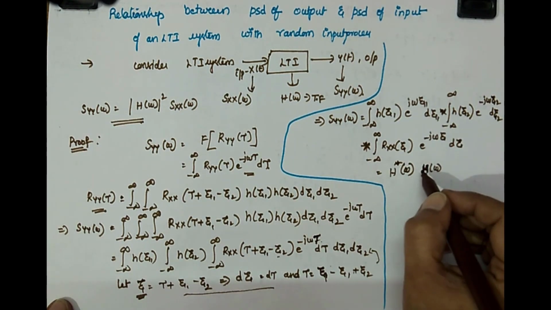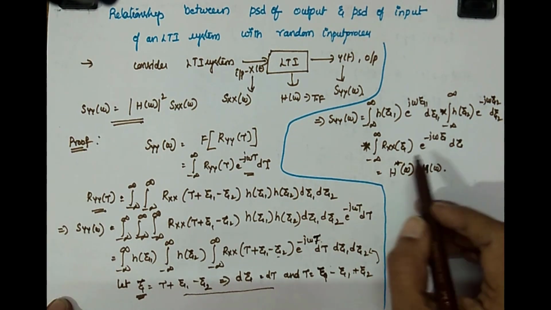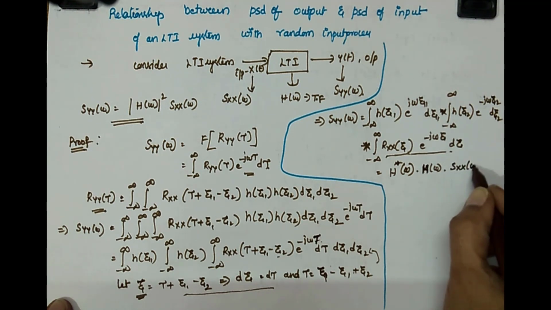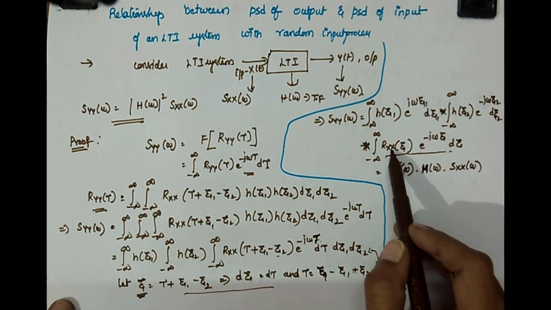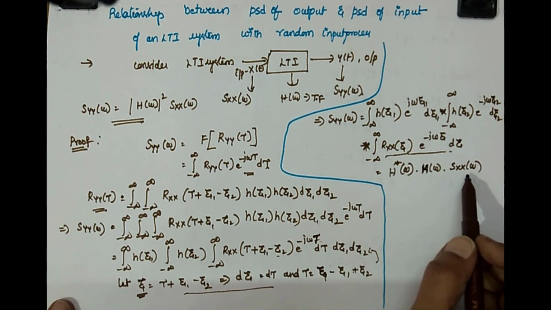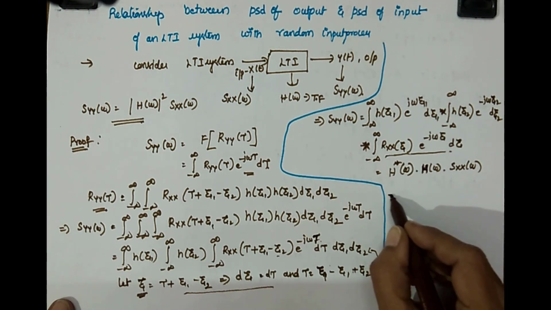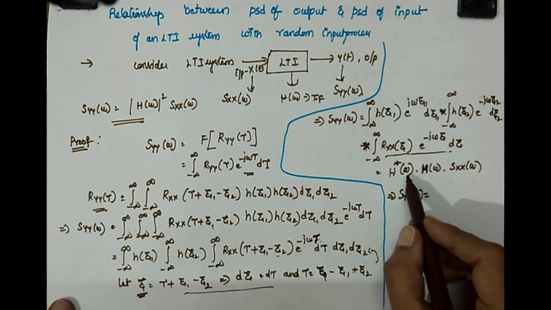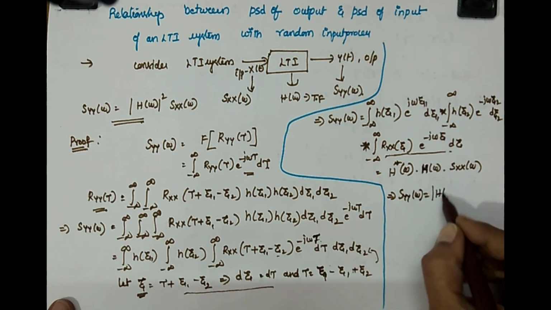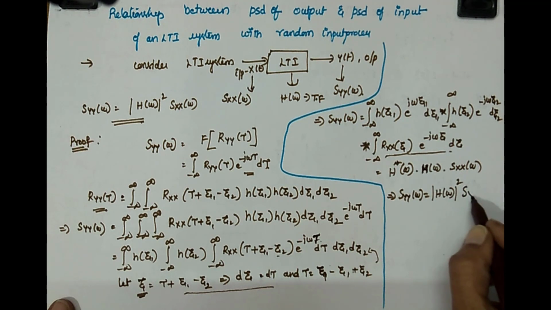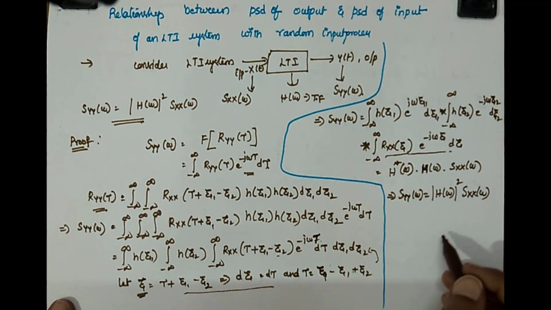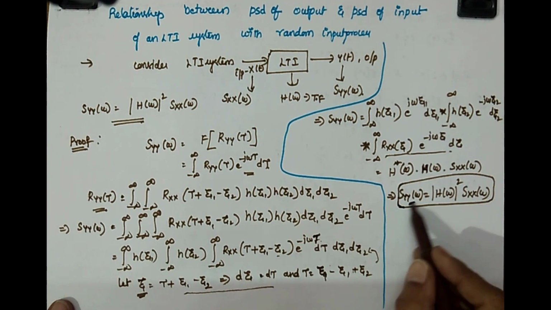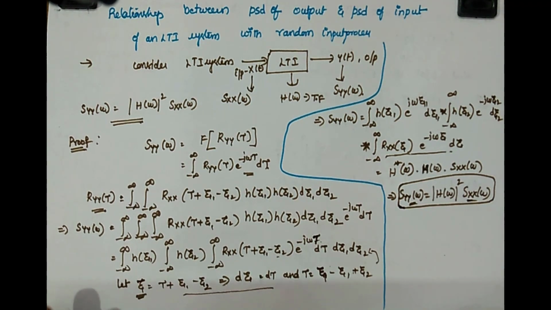The last term is nothing but your Sxx of omega, since the Fourier transform of the autocorrelation function of the input is the input power spectral density. So Syy of omega is the multiplication of H of omega and its conjugate, which is mod H of omega whole square, times Sxx of omega. This is the relation between the power spectral density of output and the power spectral density of input.